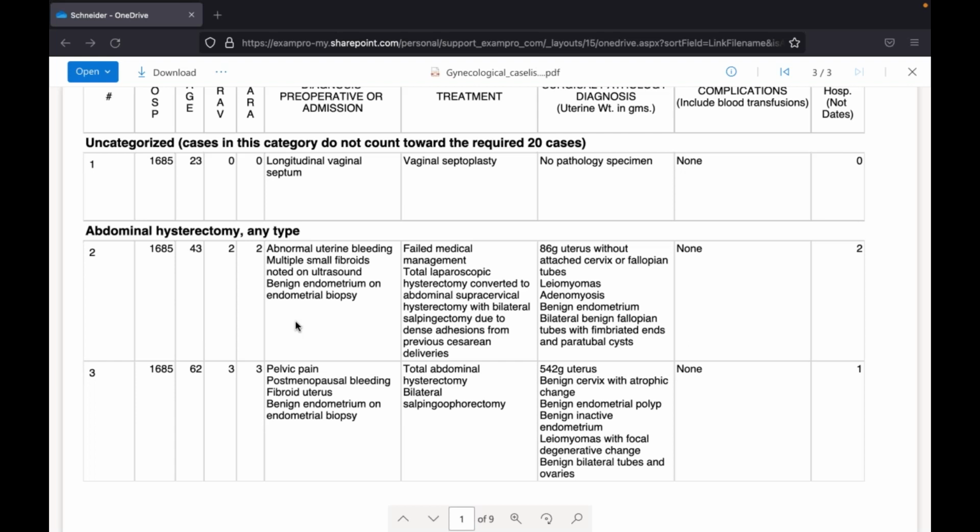Okay, good. So, it's interesting that you have this case because there's some language that I see that almost seems like it's contradicting. But I'm going to ask you a couple of questions first before I get to that. When a patient has abnormal uterine bleeding, what are some of the causes of abnormal uterine bleeding?